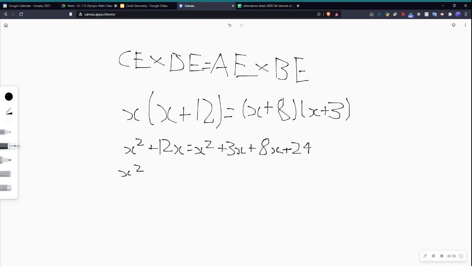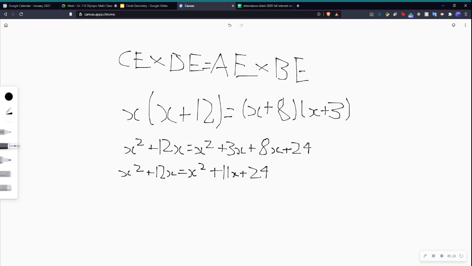All right, so we're going to simplify the right side. We can combine 3x and 8x to get 11x, so 11x plus 24. Now we're going to have to isolate x. Let's move all of the x terms to the left side, and keep the 24 on the right side, since 24 is the only constant term we have in this equation.